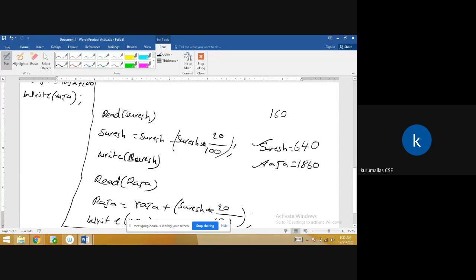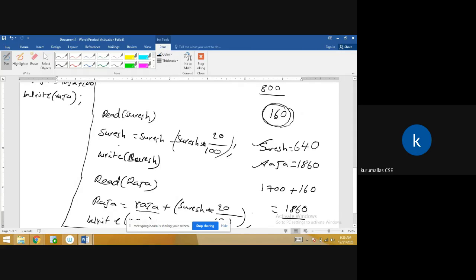Yes or no, Kiran? 20 percent of 800 is 160 rupees. This 20 percent of Suresh's account is added to Raja's account, so initially Raja's account after T1 is 1700, and we are adding 160, so we get 1860 rupees.